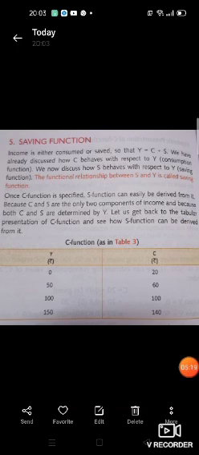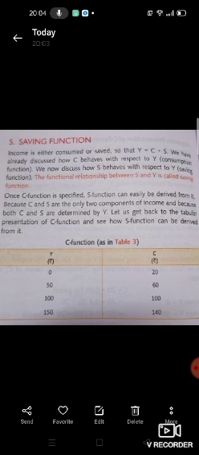Now the saving function. Income is either consumed or saved, so income equals consumption plus saving. We have already discussed how consumption behaves with respect to Y, that is the consumption function. We now discuss how saving behaves with respect to Y. The functional relationship between saving S and Y is called the saving function.